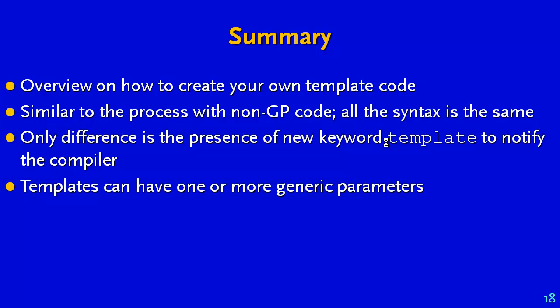And to give the compiler a bit of a chance to do its work, we use the keyword template. And the example we had until now was that the template class had one parameter, but it can have more than one parameter.